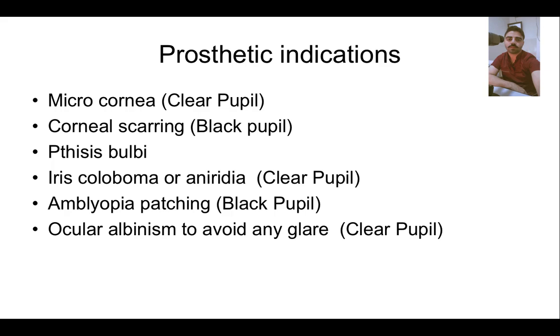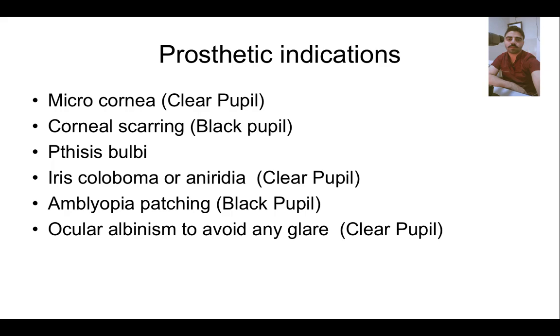The pupillary area is painted black, and the peripheral area is painted in different colors depending on the color of the eye you are going to match. So mostly we fit black pupil prosthetic lenses to those patients in whom we just want to match the color of the eye.